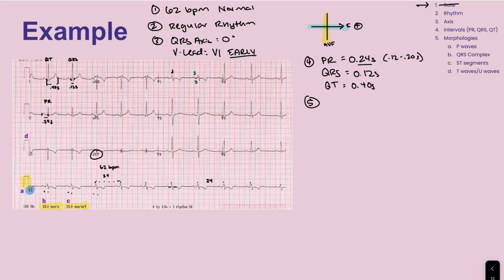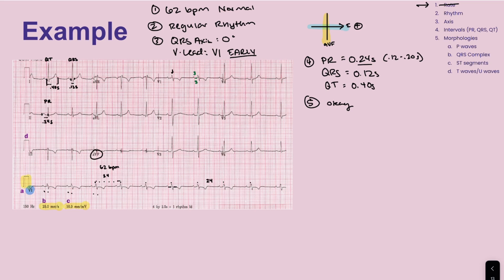We're still meeting that. Do we have any peaked T waves or T wave abnormalities or U waves? Remember, with AVR, we expect AVR to be negative, so that would be normal. Same with V1. So morphologically, we're not noticing anything that's too bad here. So we're going to say morphology is okay overall.